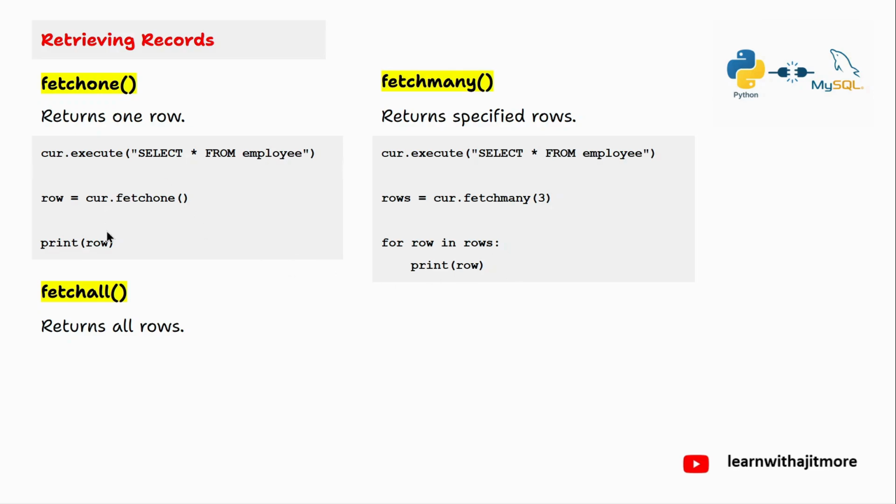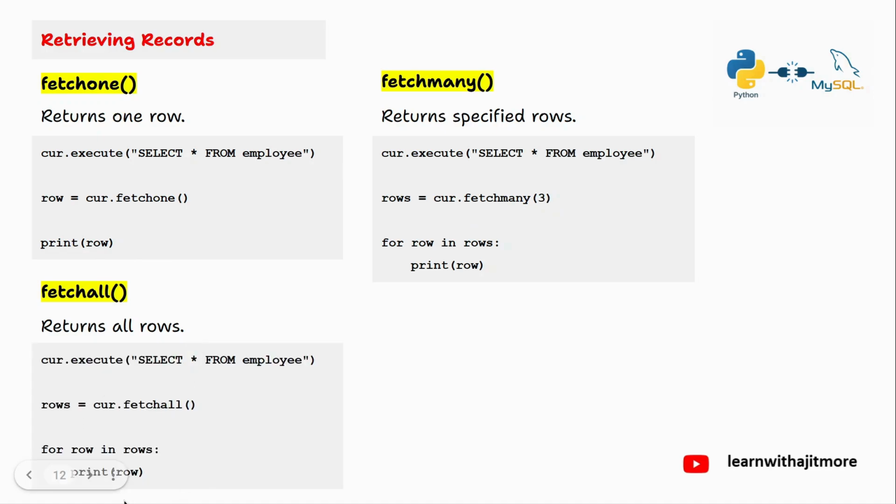So fetchone fetches one record, fetchmany fetches as many records as the number you give, and fetchall fetches all the records. And if you want the last five records, then whatever array you have got, traverse it that way. Here you can give square bracket minus 5 colon, so it will take everything from the last five records.